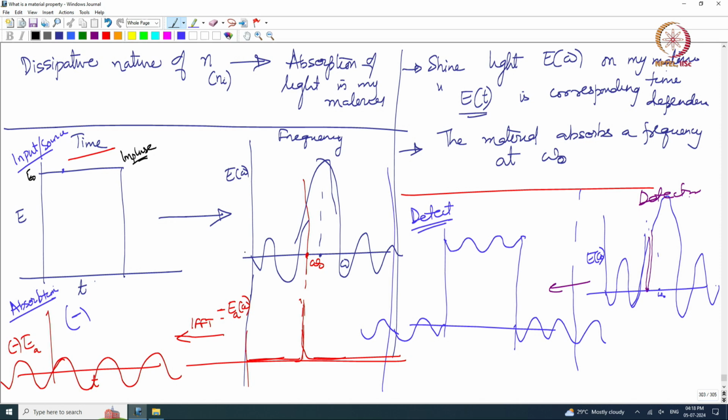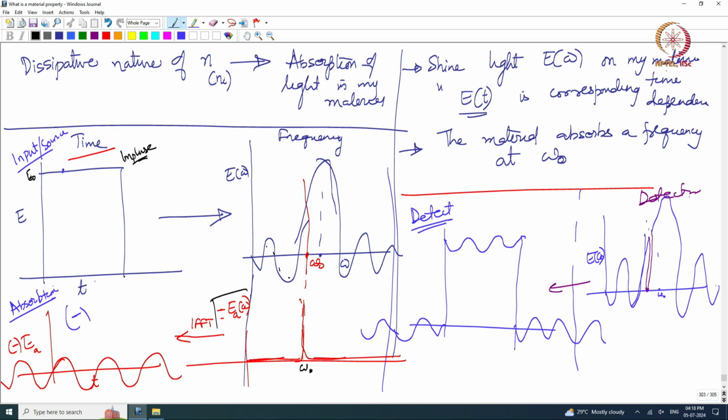I looked at its Fourier transform, so in the frequency spectrum it is going to look like this. Then I shine light of all these different frequencies onto my material, and my material has two states where it can absorb, so it can absorb light only at frequency ω0.